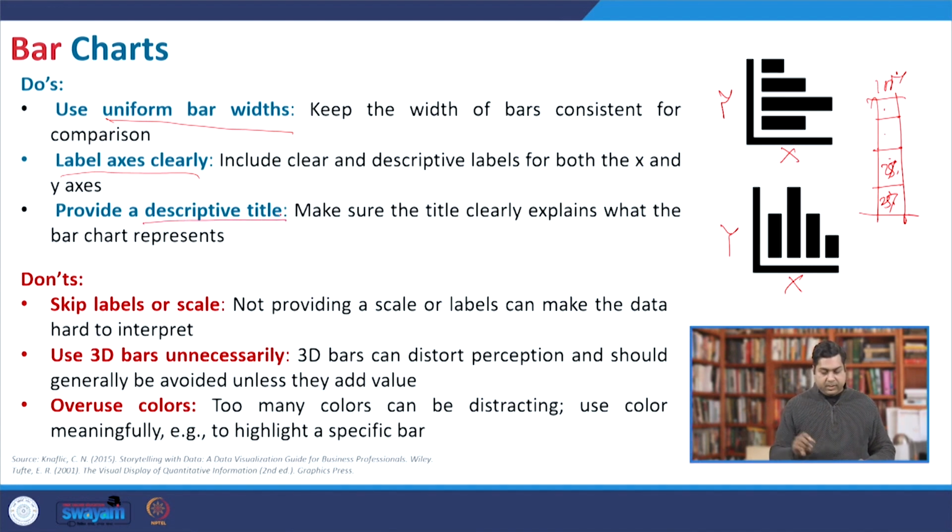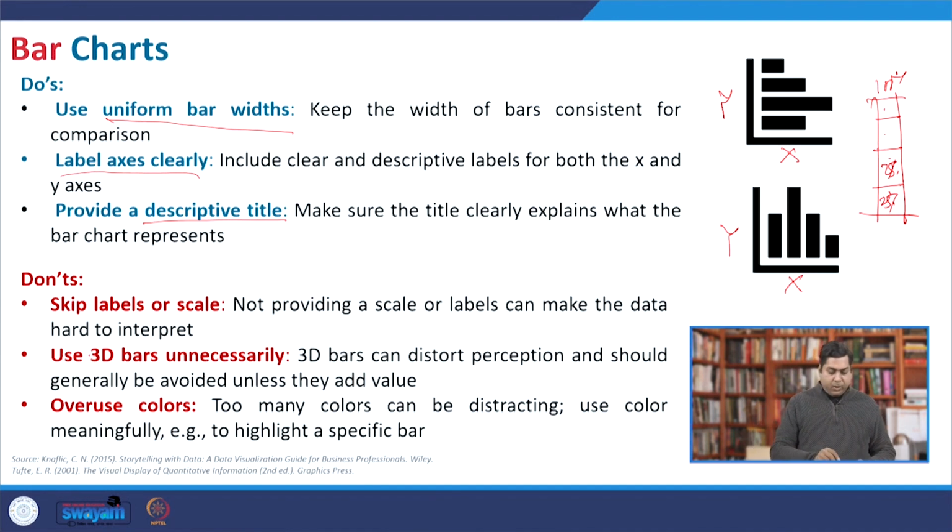Nowadays many research journals also ask that you give some description along with your title caption, saying what it represents, so that it brings clarity. If somebody only looks at your graph, they can get some idea, right.